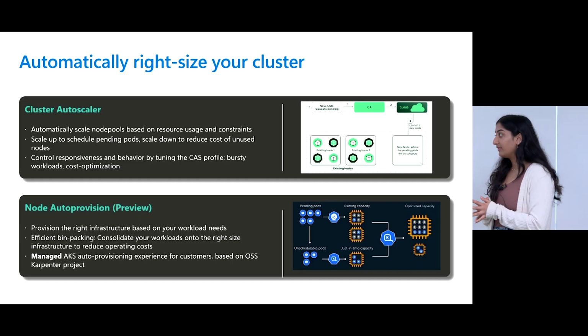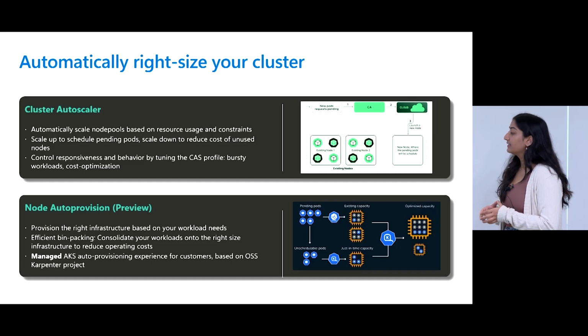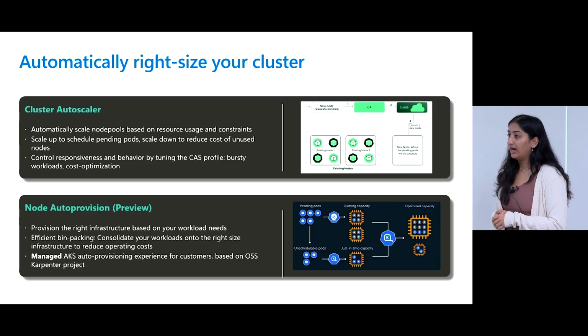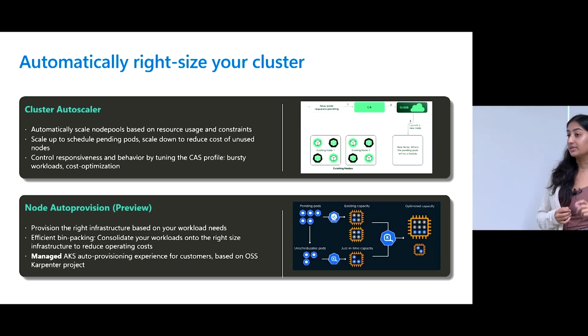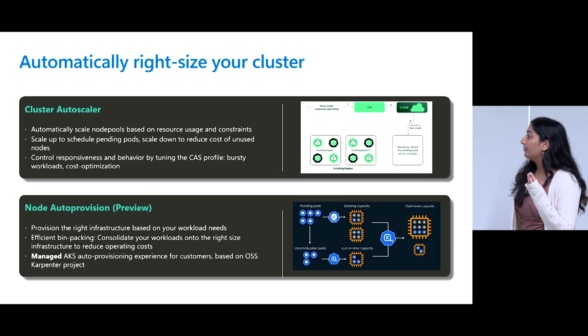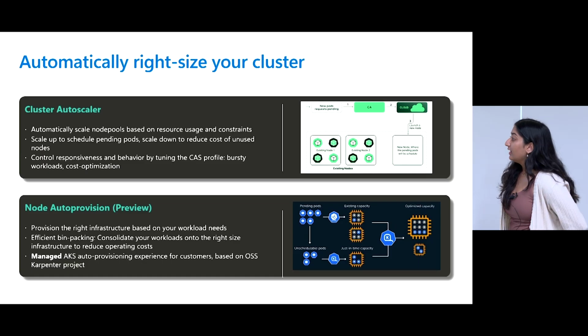Node auto provision was mentioned previously. It is a different way of auto scaling. Based on the type of workload you have, you would allocate the resources necessary for that specific workload, as opposed to event-driven auto scaling or the other auto scalers that are offered today.